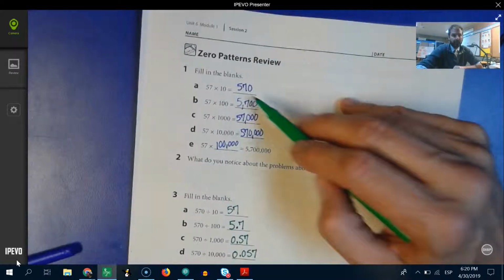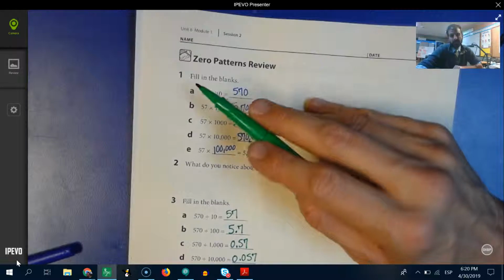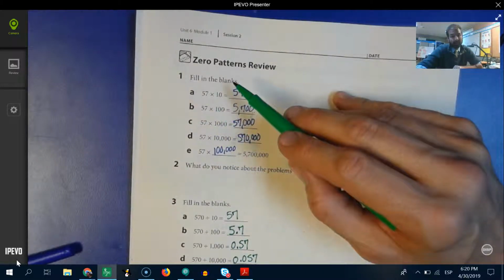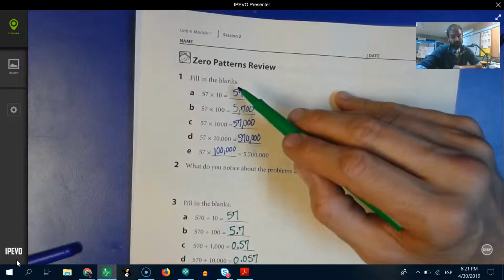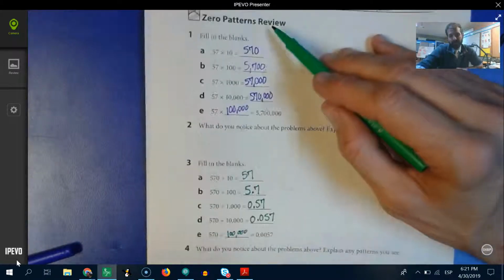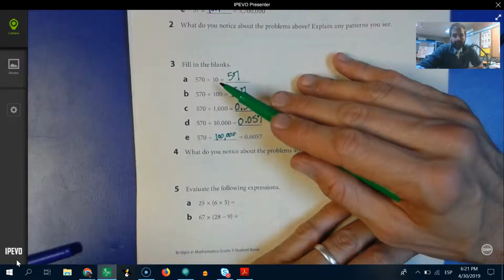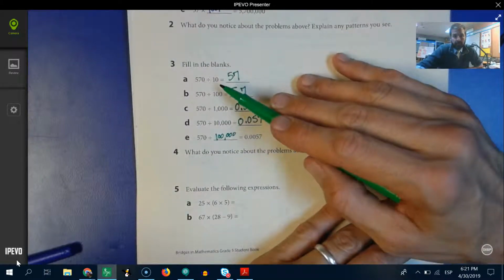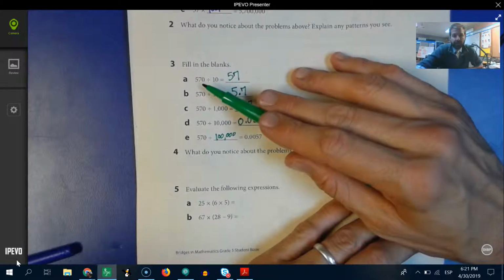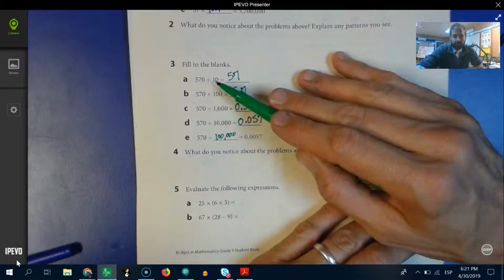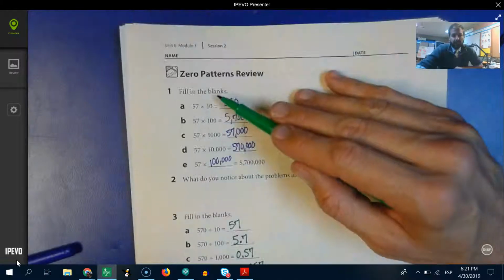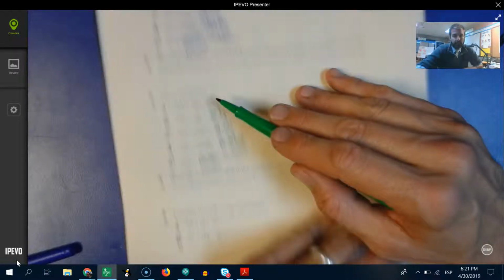Up here it shifted to the left because we're multiplying by 10 and greater. It's not going to do that every time you multiply, that's a misnomer. And down here I'm dividing by powers of 10. So my place value shifts to the right when I'm dividing by powers of 10. It shifts to the left when I'm multiplying by powers of 10.